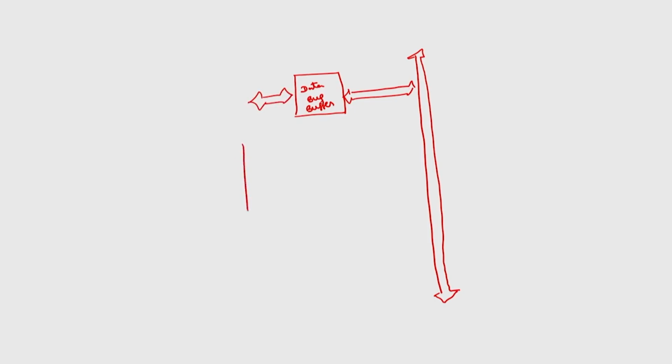Then we have read write control logic. There are two registers: one is the control word register, another is the status register. This is the read write control logic.